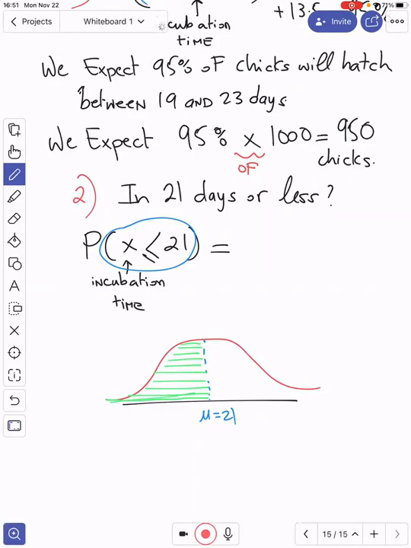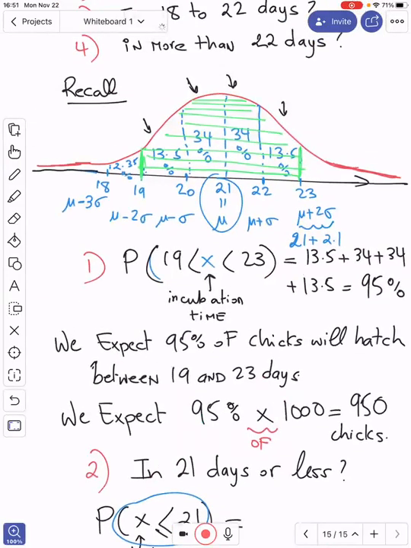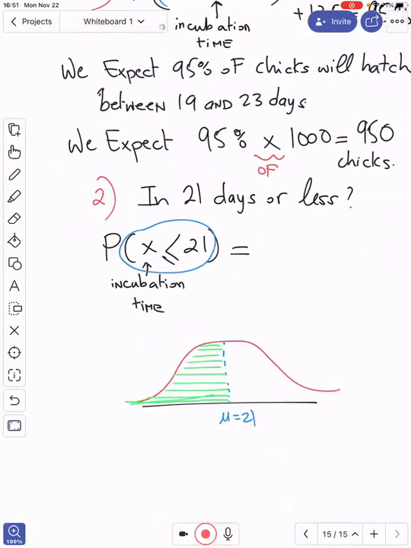You cannot just stop at, I think Asamta, your suggestion is to add this 34 to this 13.5 to this 2.35, right? But then you still have this region here. You're missing some region here.